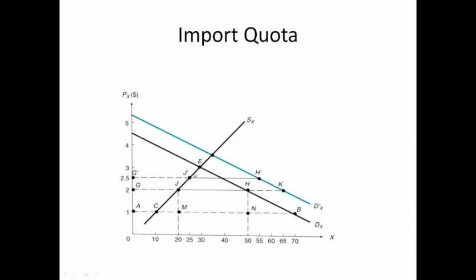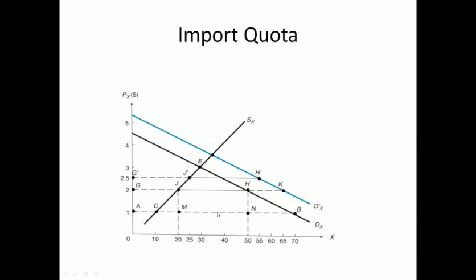Here we are going to discuss the partial equilibrium effect of this import quota. We have on the x-axis the commodity X, and on the y-axis the price of X. This is the supply curve of the X commodity for this home market, and this is the demand curve of X commodity for this home market. The intersection point E of this demand and supply curve indicates the price of this X commodity is $3 in this home market, which is greater than this $1, and this $1 is the free trade price available in the foreign market.